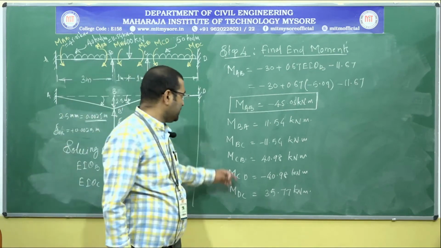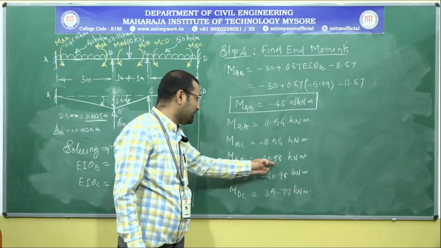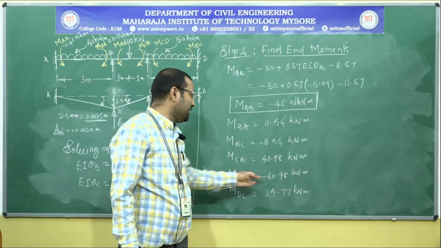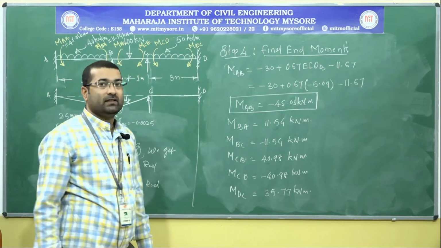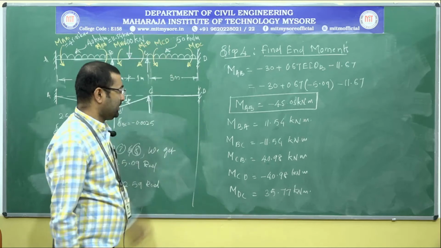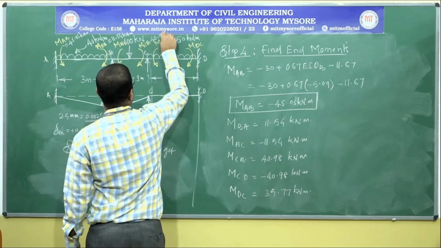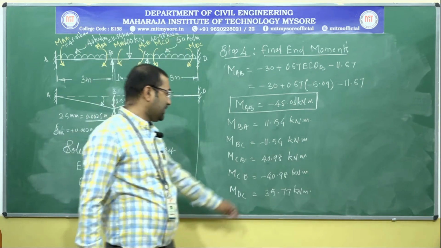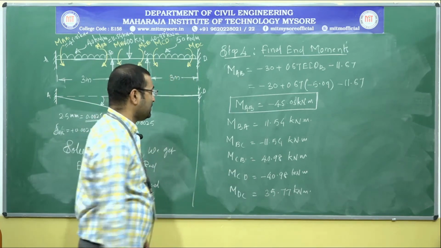Similarly, the values for MCB and MCD. MCB is a positive moment, which means it is clockwise in nature, and MCD is a negative value, which means it is anti-clockwise in direction. So I have written the same thing. Let me write the magnitude: it is 40.98 kilonewton meter. Lastly, MDC is a positive value, which means it is clockwise in direction.